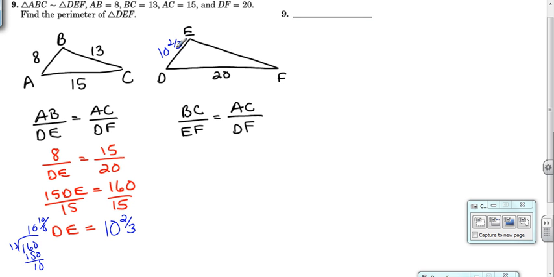Then to figure out EF, well, I know EF compares to BC on the other triangle. So I can say 13 compares to EF in the same way that 15 compares to 20. So 15 EF equals 13 times 20, which is 260. Divide by 15.